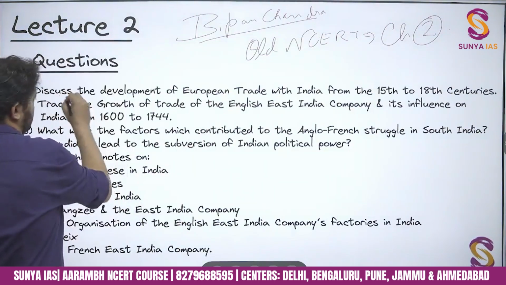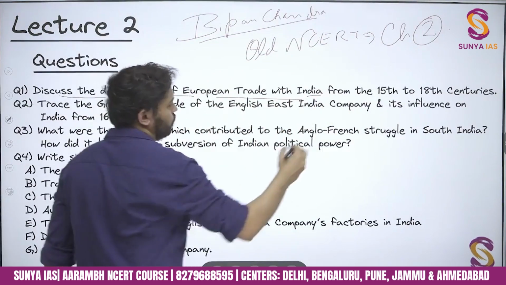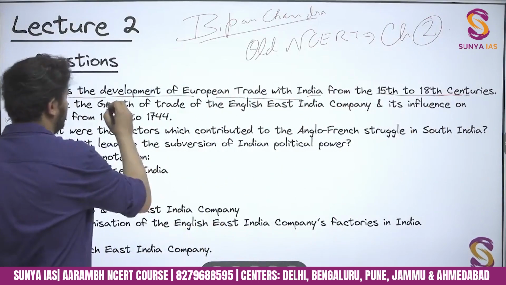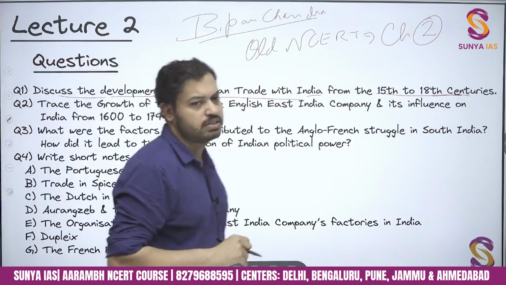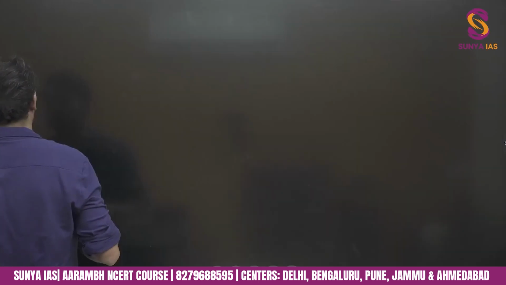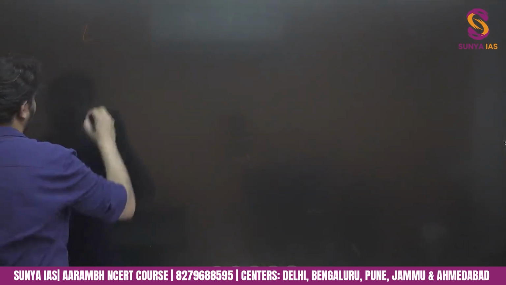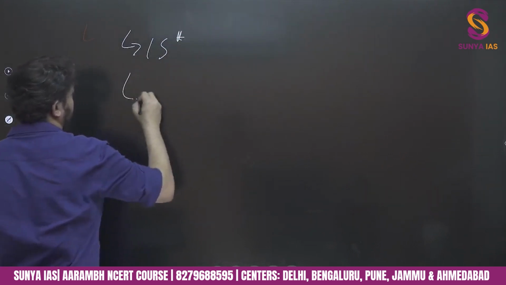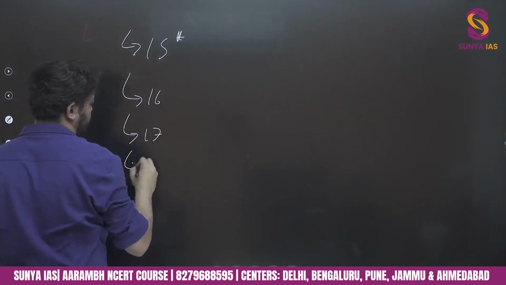So, coming to the questions, let us discuss the first one. Discuss the development of European trade with India from the 15th to the 18th century. How will you do this question? You will first divide it into the 15th, 16th, 17th, and 18th centuries.